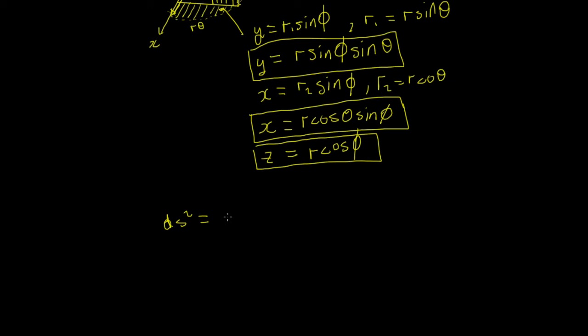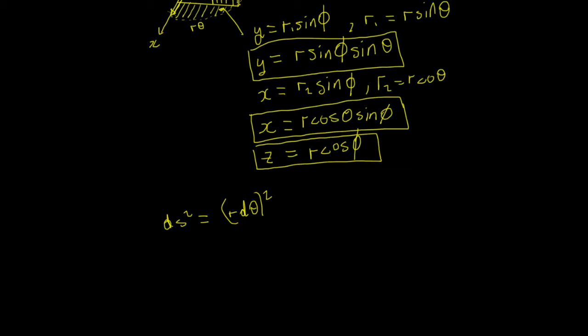We would have our r d theta squared, which is what we have here, r d theta squared. That's one part of a triangle on the circumference of our circle. Now the other part of the triangle on the circumference of our circle would be this distance here.